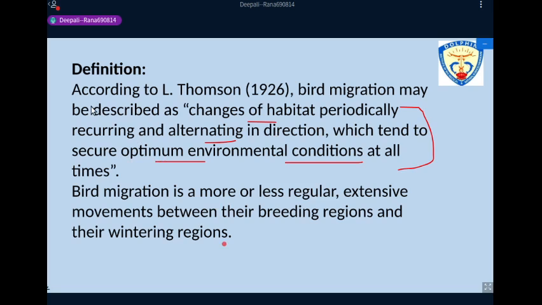Optimal environmental conditions emphasizes that when the animal is going to migrate, the conditions in the home were not favorable, which gave an instinct, a stimulus to the animal that they should go to a particular place where the environmental conditions are favorable for them to live during the extreme times. And this will be a to and fro movement.